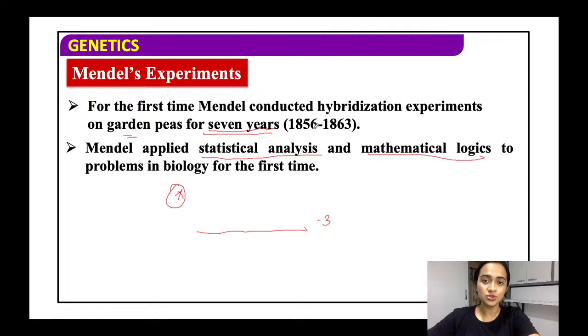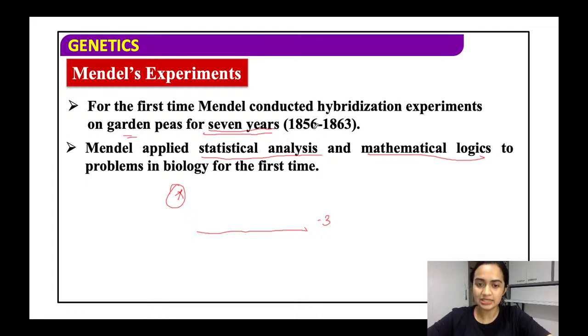And because he used statistical and mathematical methods, his work was not initially recognized. It was only when Sir Gregor Mendel died that his journal was found, his work was appreciated, and he was awarded the Nobel Prize after he died.